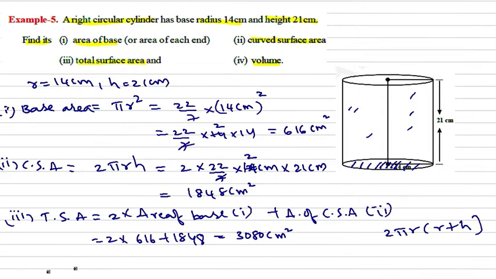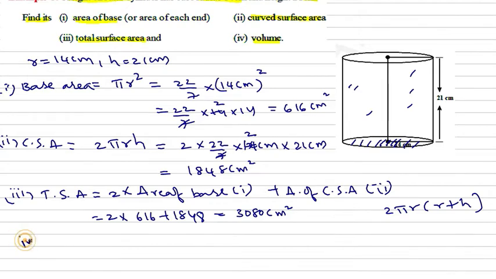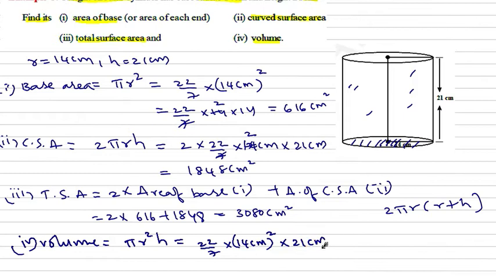Now next we are going to find the volume of the cylinder. So volume is equal to pi r square h, that is equal to 22 by 7 into 14 centimeter, radius whole square, into height 21 centimeter, so which is equal to 22 by 7 into 14 into 14 into 21 centimeter cube.